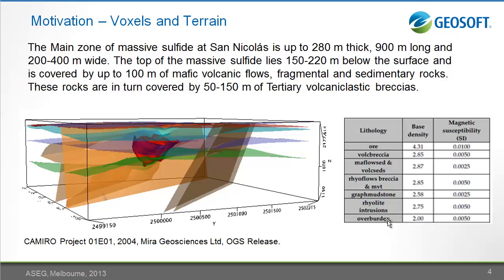The important thing to note is that all these lithologies have a certain susceptibility. In fact, the cover has a susceptibility of 0.005 SI. The deposit itself has a susceptibility of 0.01 SI. So this is a magnetically more difficult exploration problem.